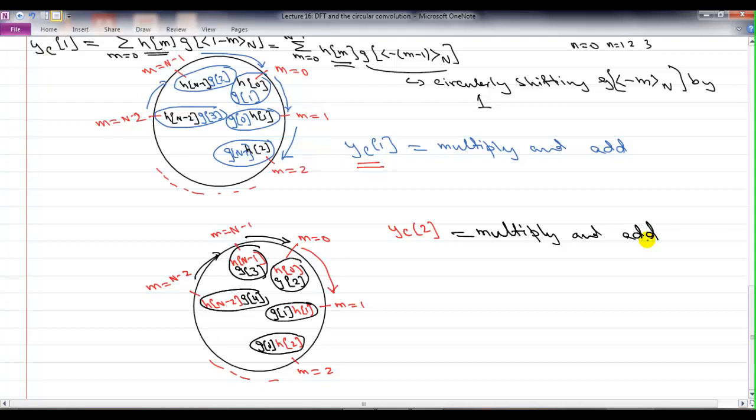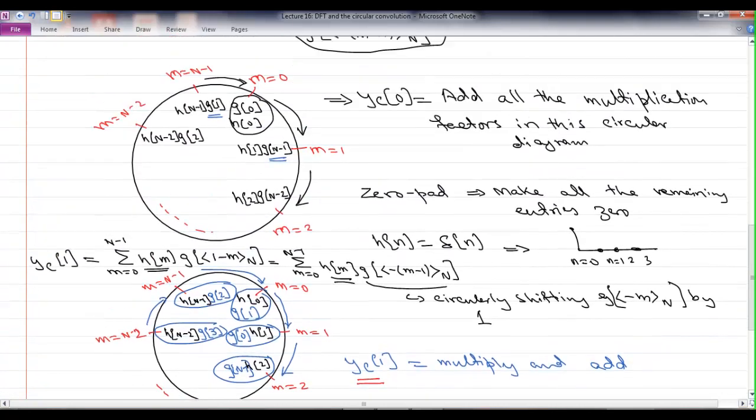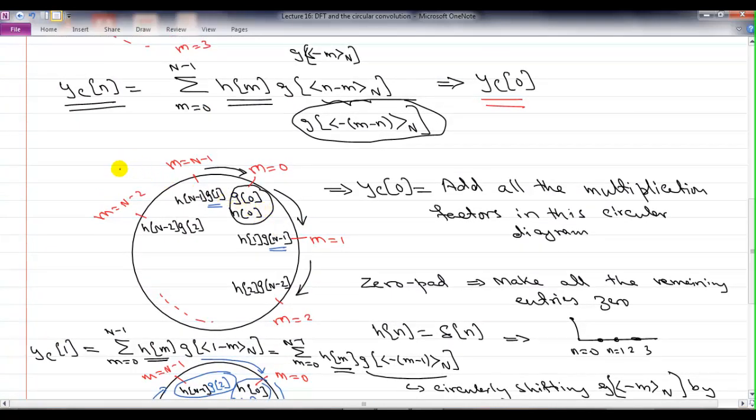And we can repeat this process by simply going back again and again to our original circularly flipped version of the sequence, g of minus m mod n, and rotating that original sequence of g clockwise by 1 for every next sequence value of ycn, and you keep on going till you reach n equal to n minus 1.